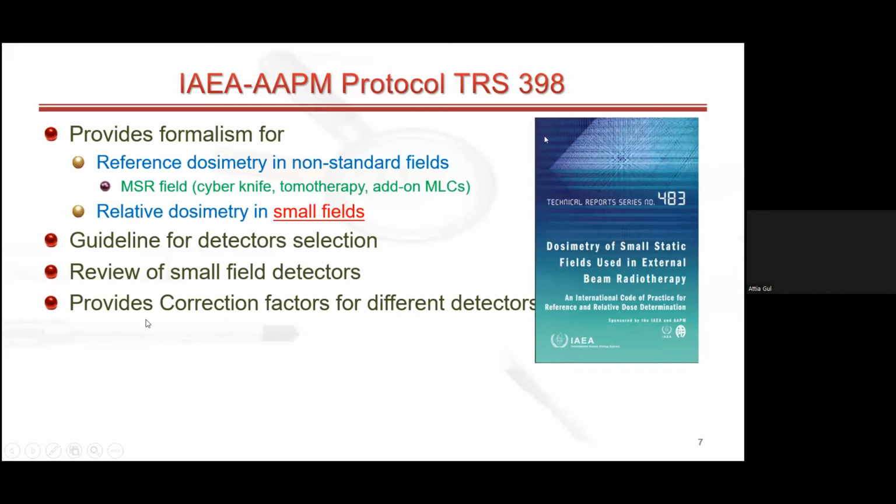Then it also provides correction factors for different detectors that are commercially available, and we can use these correction factors in our clinical setup. Basically, this protocol is based on a formalism that was proposed by Alfonso in 2009 for reference dosimetry as well as relative dosimetry.